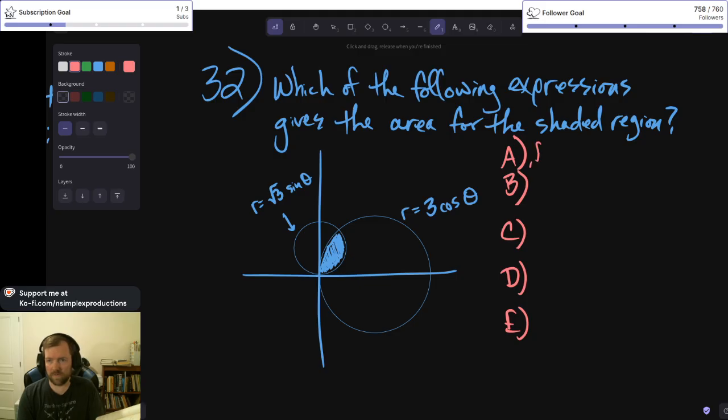A: integral from 0 to pi over 2 of 1/2 times the quantity root 3 sine theta, squared, minus the quantity 3 cosine theta, squared, d theta.